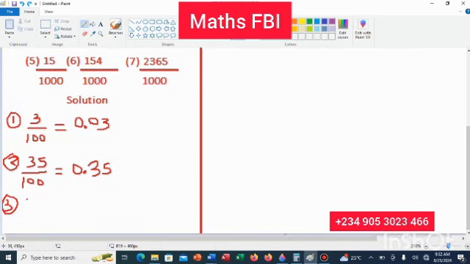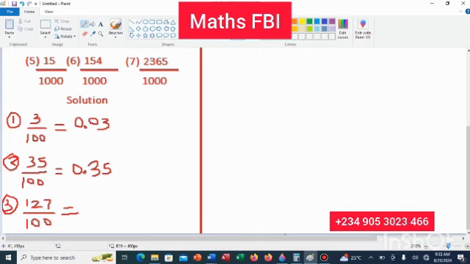Okay, you have 127 over 100. That's 127 hundredths. All right, the numerator is greater than 100, so definitely you don't have to bring in 0 as your prefix.